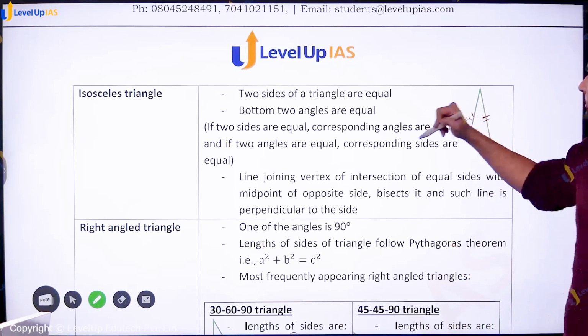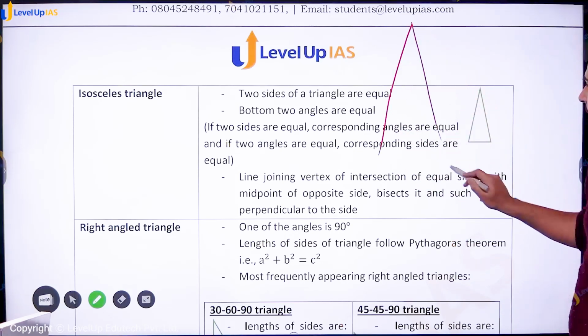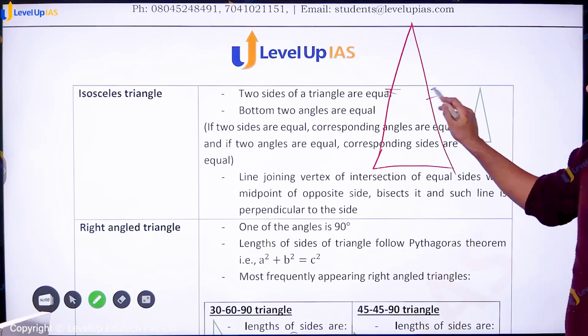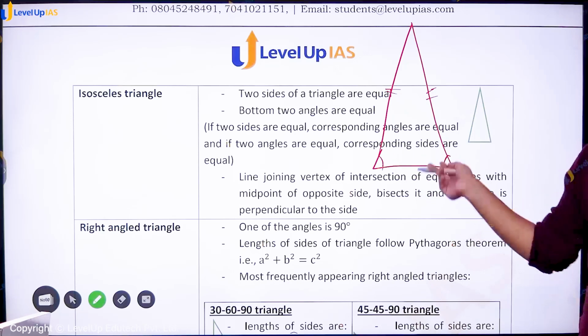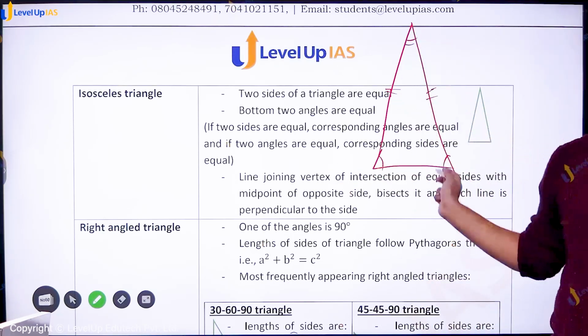What are the properties of such a triangle? If we have a triangle, let us say this, these two sides are equal. So by symmetry, these two angles are equal, the bottom ones. This would be different, but these two angles would be same.